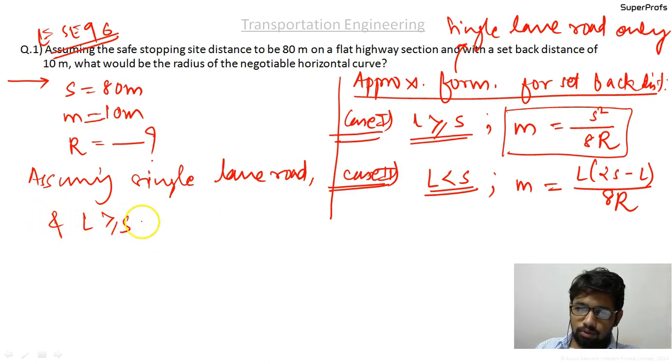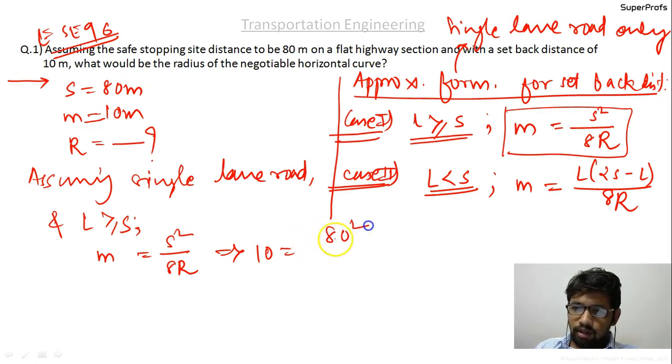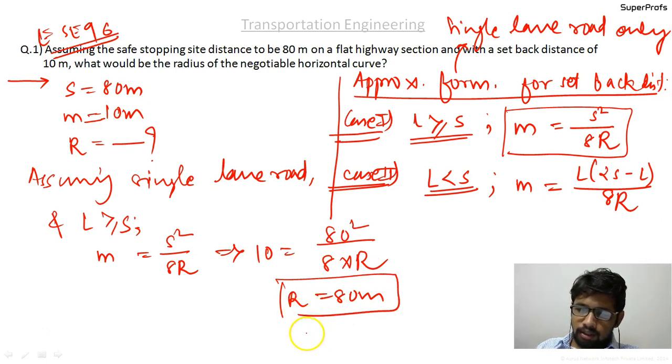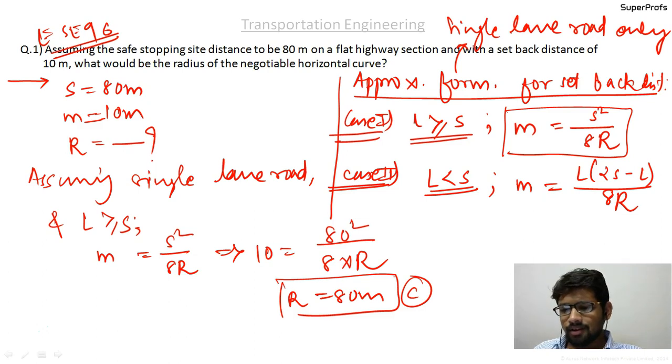So M equal to S square upon 8R, which stands for 10 equal to 80 square upon 8 into R. So R equal to 80 meters, and which is option C. Okay, this is an IES question, but GATE usually doesn't ask such kind of question.